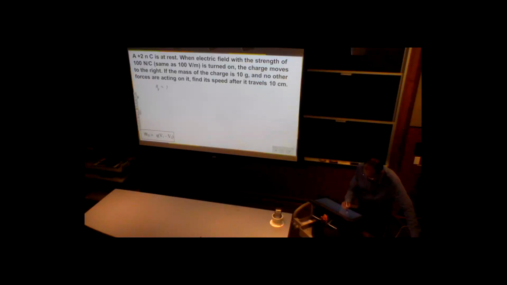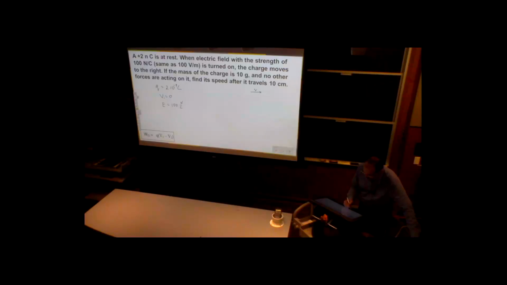Charge. At rest, electric field strength. Okay, it moves to the right.